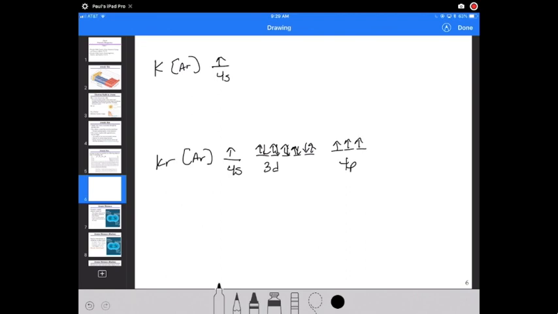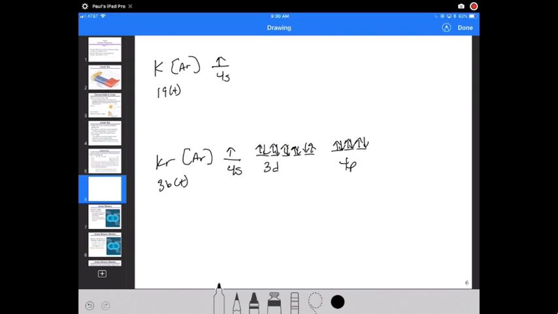It has a lot of electrons. How many electrons does krypton have? It has 36 electrons. Also has 36 protons. Potassium, on the other hand, has 19 protons and 19 electrons.